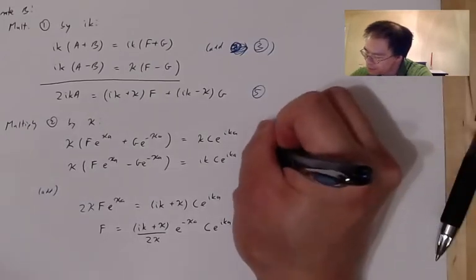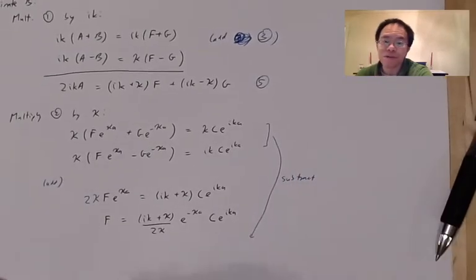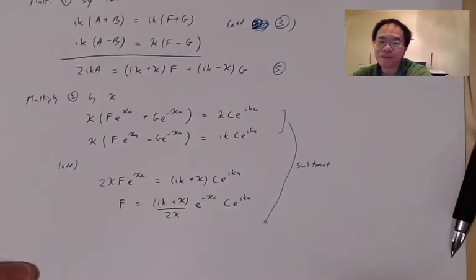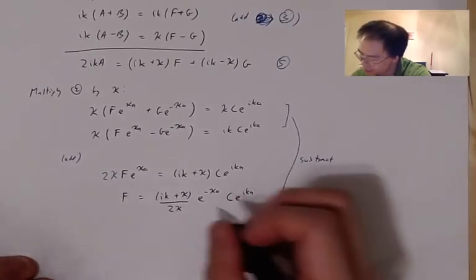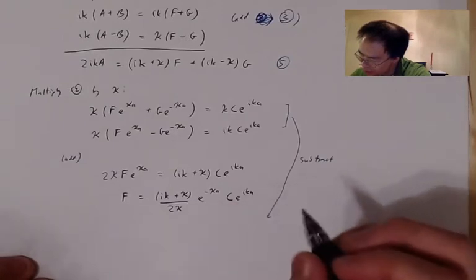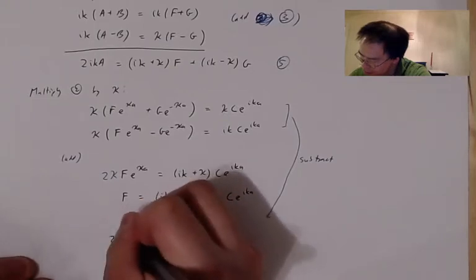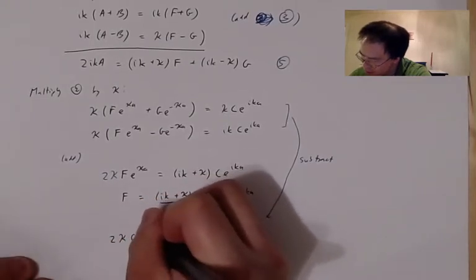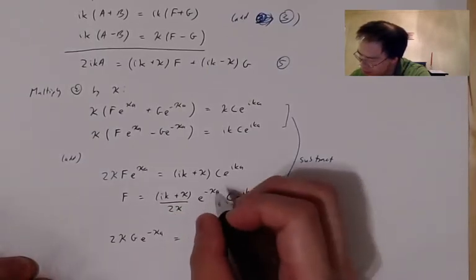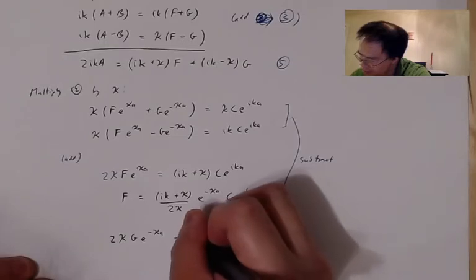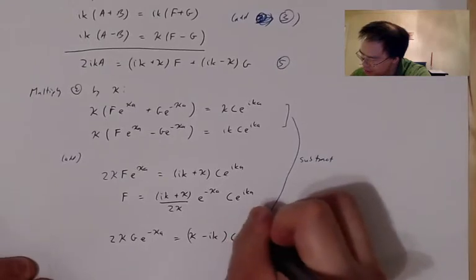So that gives me 2 kappa g e to the minus kappa a equals kappa minus ik, c e to the ik a.